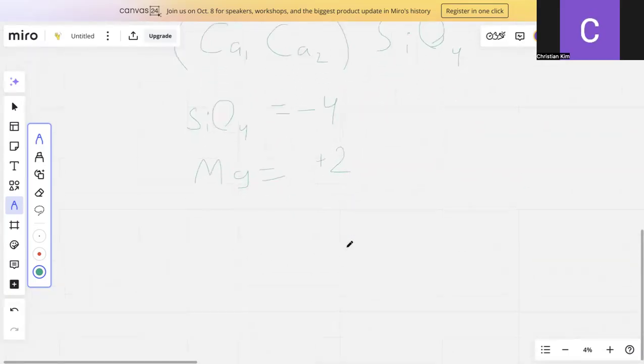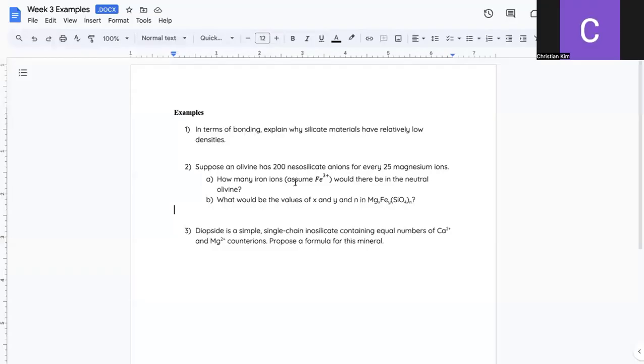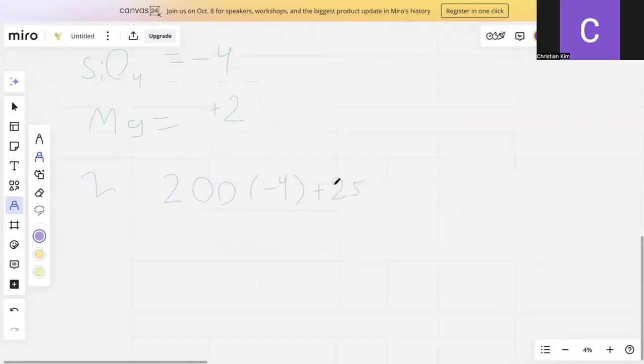We're given that we have 200 nesosilicates, so I'm going to form an equation. 200 nesosilicates times -4 for the charge, plus 25 because we're given that we have 25 magnesium ions, multiplied by 2 because that's the charge of the magnesium, plus X, which represents some number of iron that we have, multiplied by +3 because that's the charge of iron that we're given, is equal to 0.